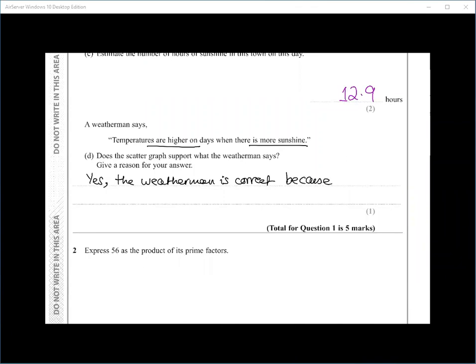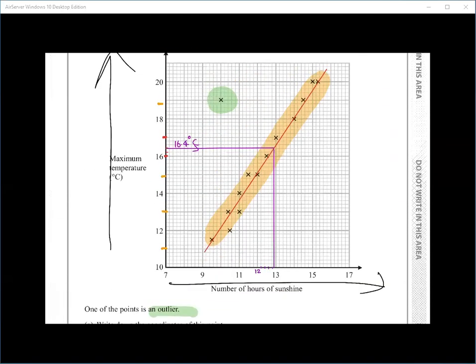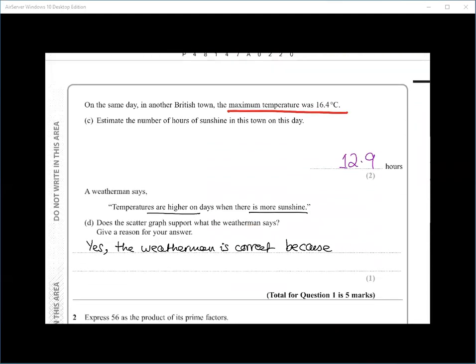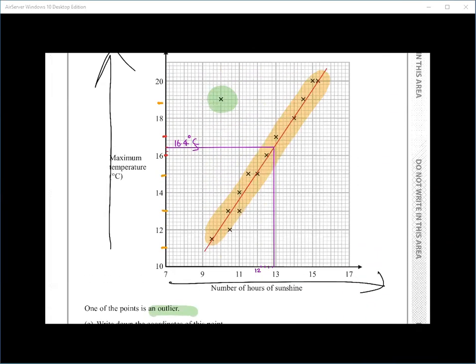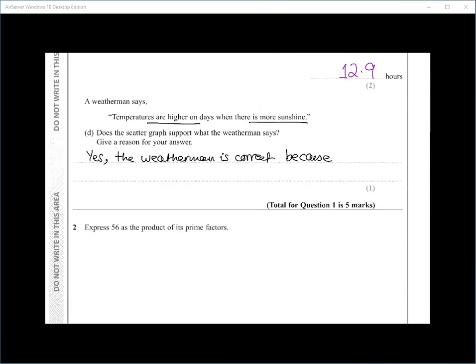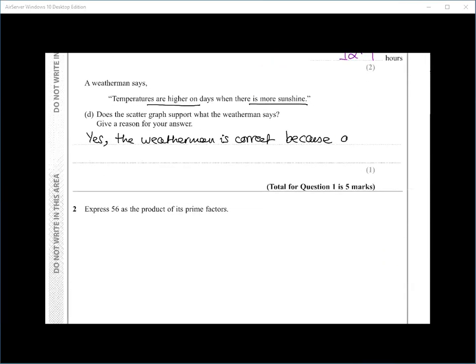we could say here, as the temperature, because they've mentioned here temperatures are higher, we're going to use the words: as the temperature increases, the number of hours of sunshine also increases. Sir, can you say that it's directly proportional?